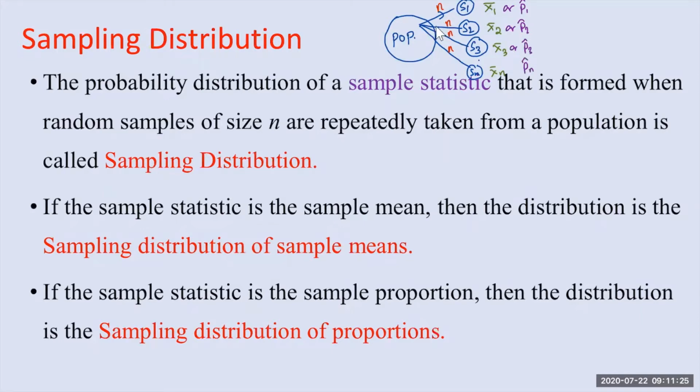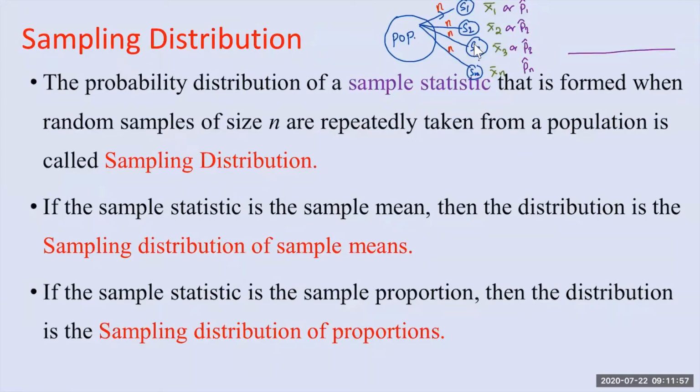So you have the population. You are drawing many samples of a constant size n, and then you are calculating the statistic like mean or proportion. And then what you're going to do is consider these statistics as your random variable, the mean as the random variable or the proportion as the random variable, and you are going to draw the distribution.